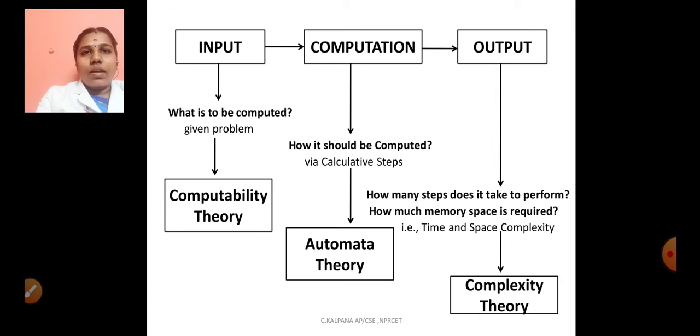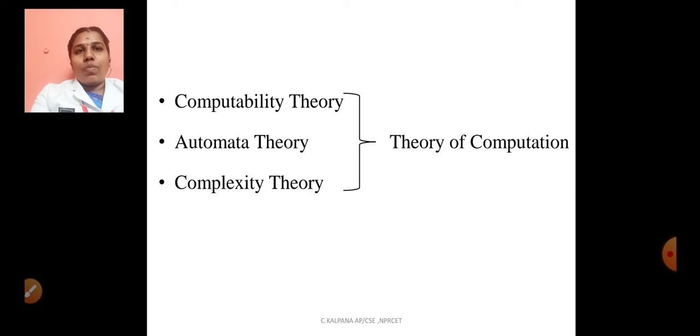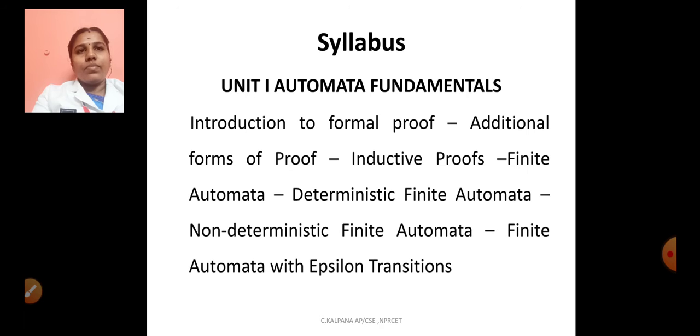In output, we have to store the result in a memory, that is, how much space is needed to store the result and how many steps are involved to solve the given problem. That comes under the category of complexity theory. It has both time complexity and space complexity. These three theories, computability theory, automata theory and complexity theory, are together called theory of computation.